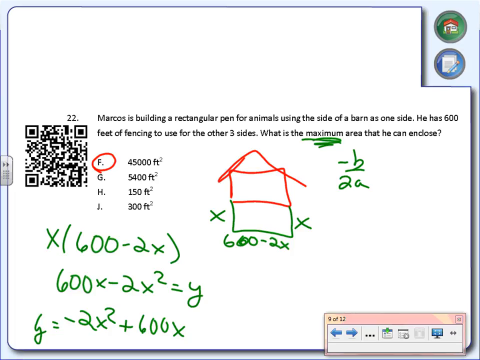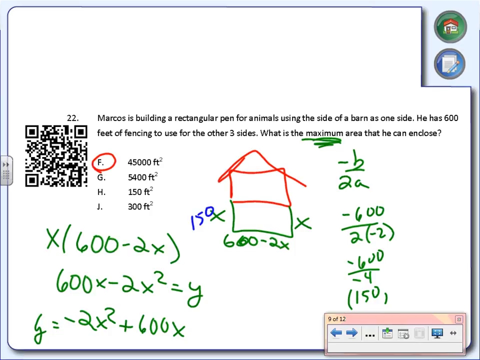So our b in this case is 600. Our a is negative 2. So if I do negative 600 divided by negative 4, I end up with, what is that, 150, something like that? Check that, 150. So x is going to represent 150, which means that this side over here is 150.